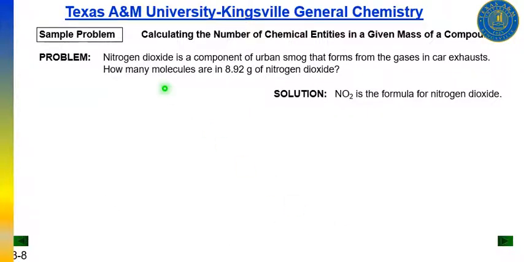Sample problem 2. This question is slightly complicated. You are going to be asked to calculate the number of chemical entities in a given mass of compound. For example, nitrogen dioxide is the compound you are going to study.